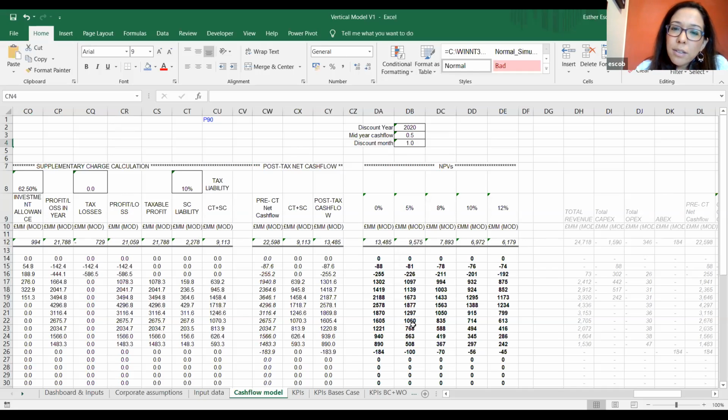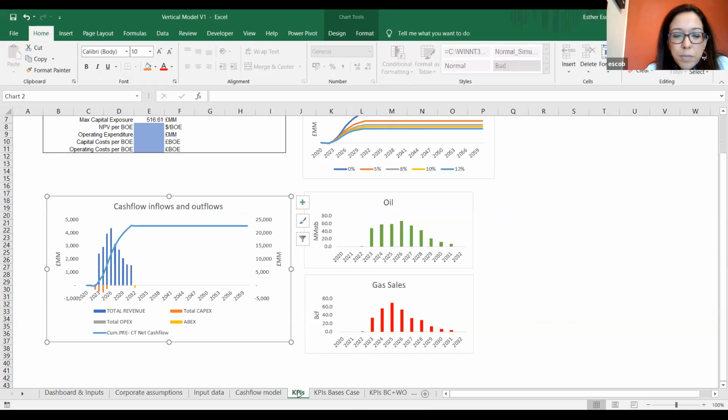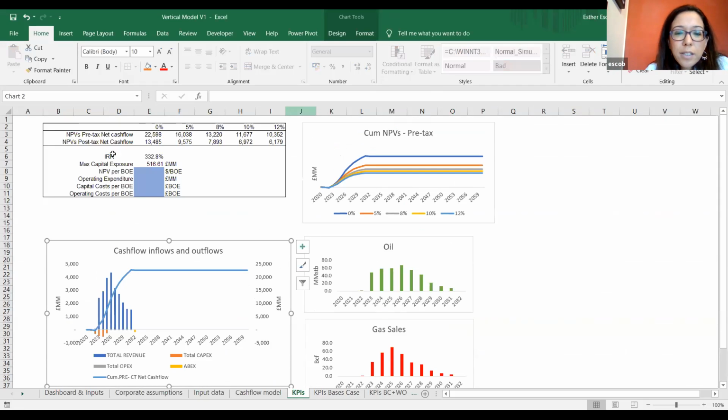But also, the cash flow itself can be applied to calculate other KPIs, such as internal rate of return. So in this case, I use another tab to provide some KPIs for each case. So every time I run this case, this tab is going to change.